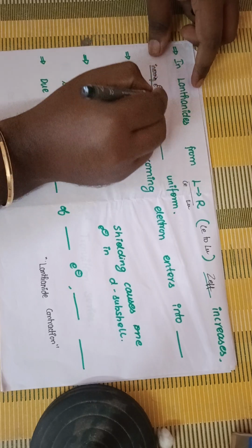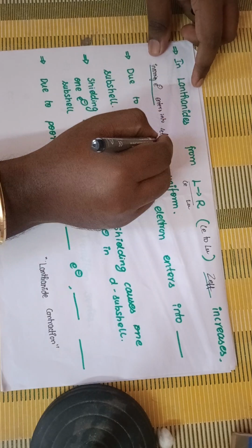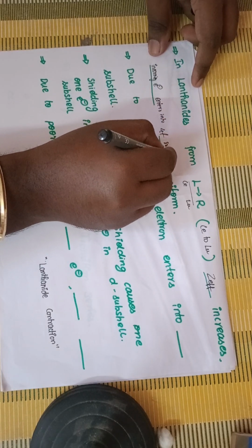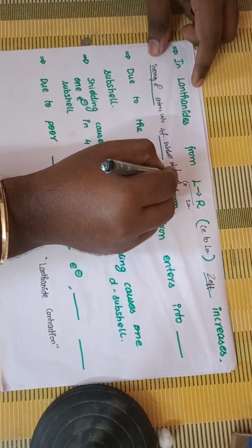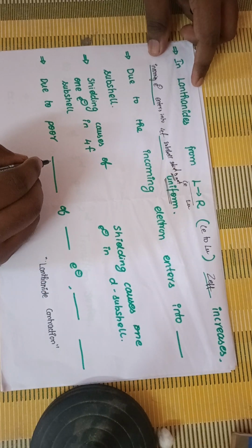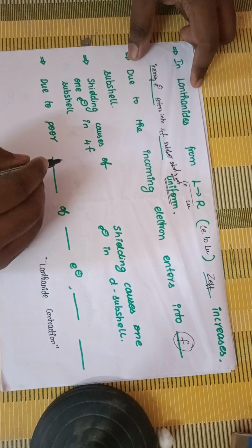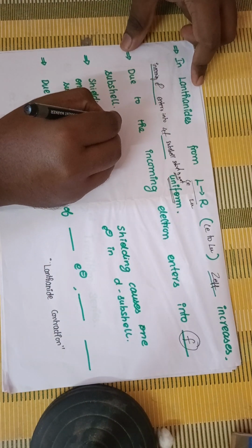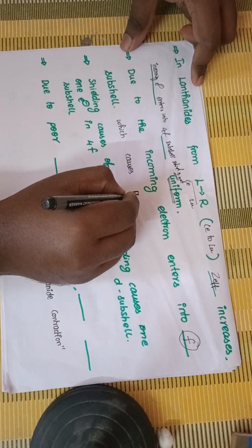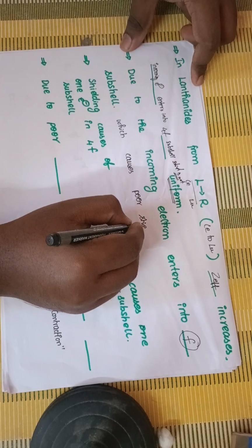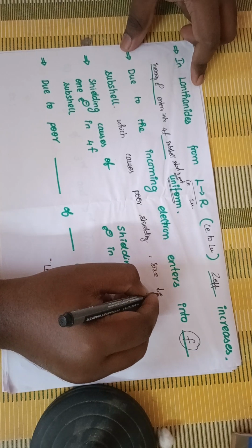The incoming electron enters into the 4f subshell. Shielding is not uniform, because the incoming electron enters into the f subshell, which causes poor shielding, and size decreases.